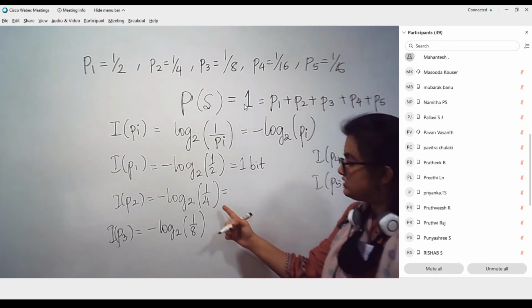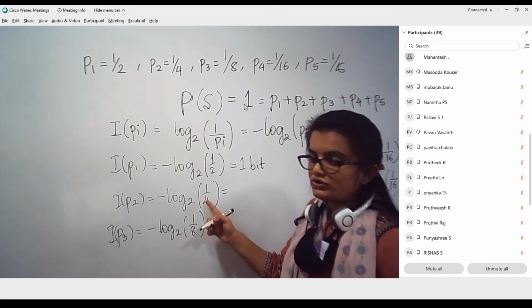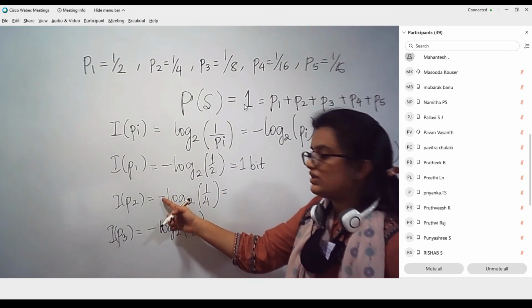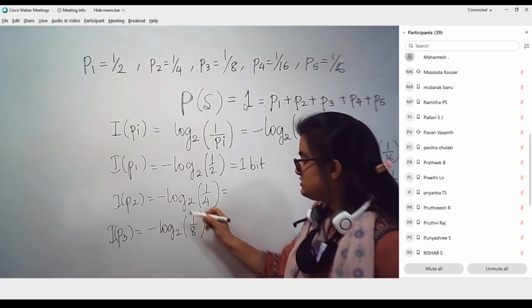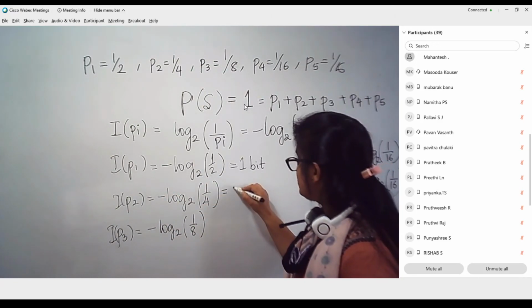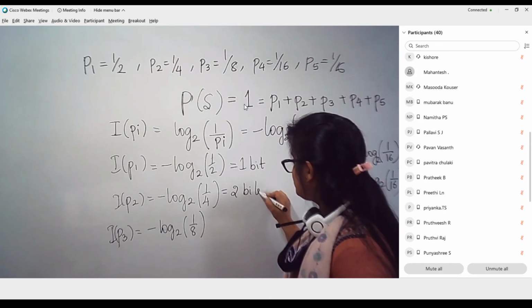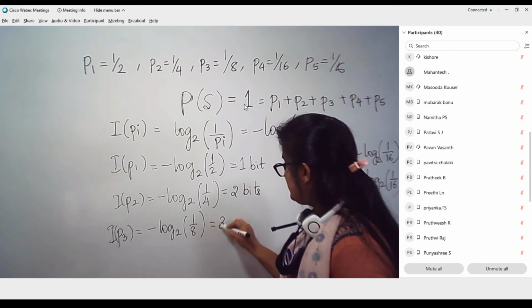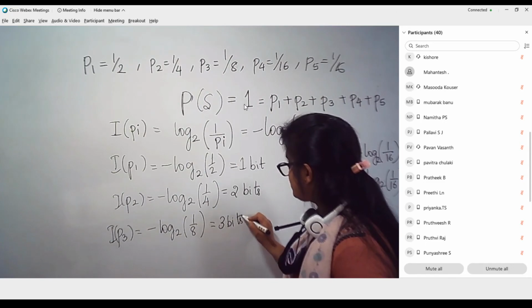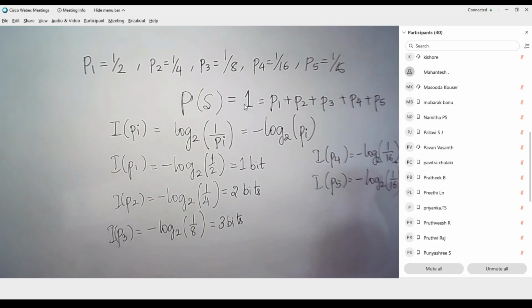Coming to this case, 4 you can take to the numerator and minus into minus will become plus, so log 4 to base 2 is equal to 2, so it is 2 bits. Here it will be 3 bits. Here, in case of 16, both will take a value equal to 4 bits. Both I of P4 and I of P5 is equal to 4 bits.